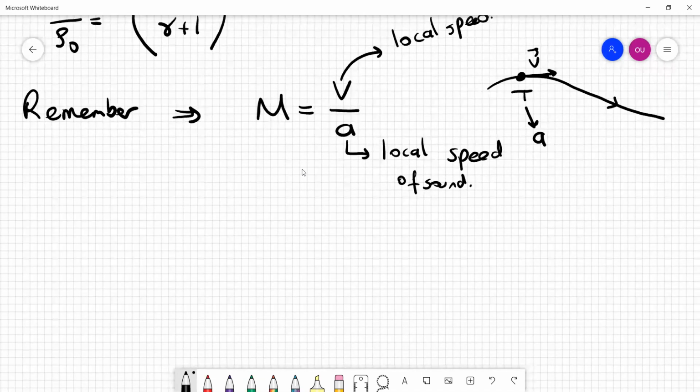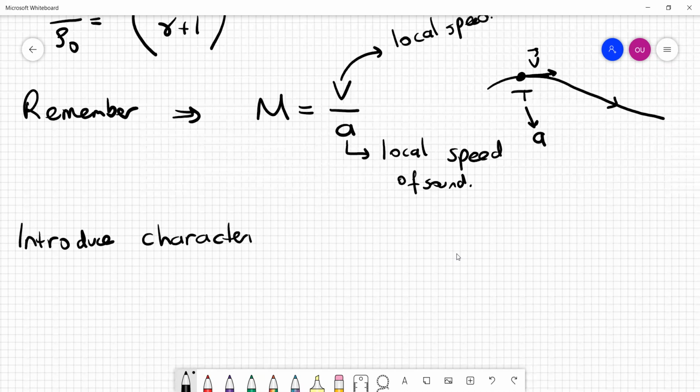This is also quite useful. We introduce what we call a characteristic Mach number, and we define it as M star.